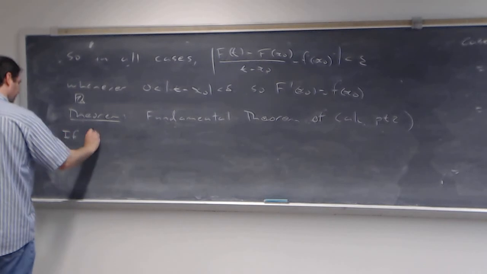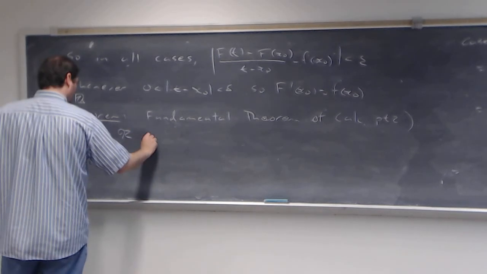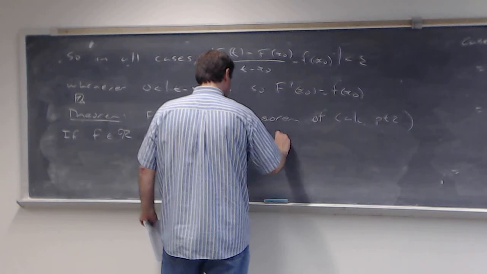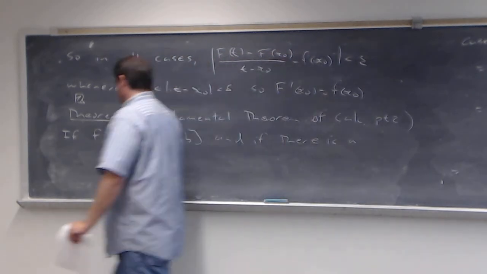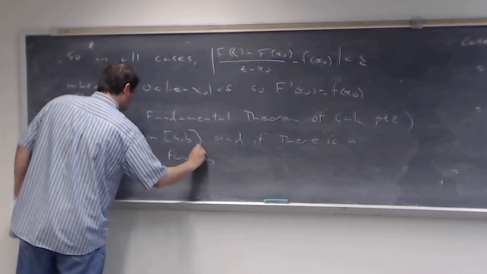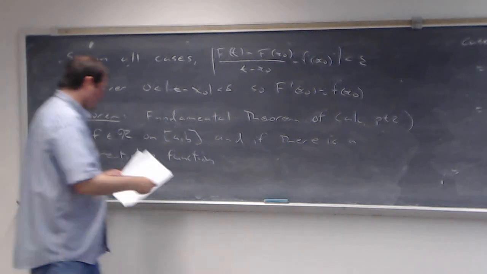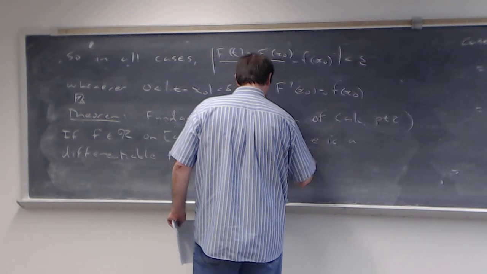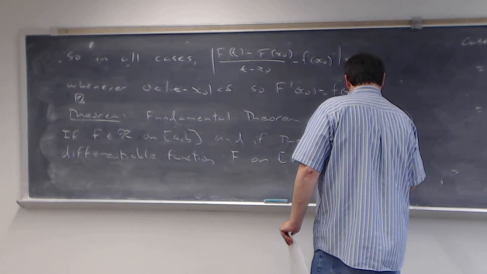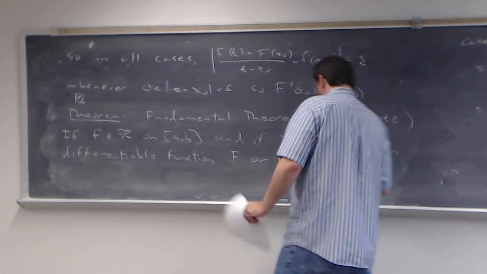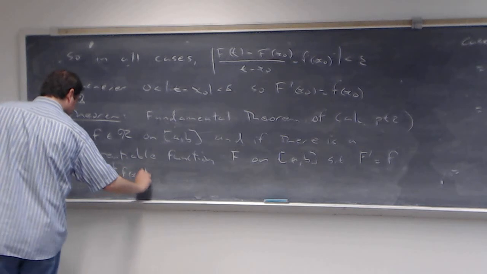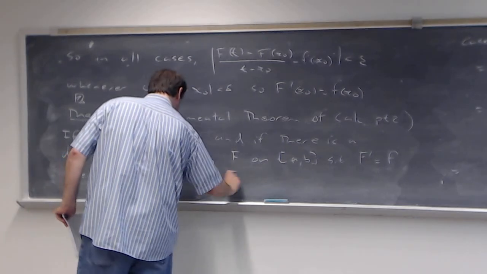It says if little f is Riemann integrable on a to b, and if there is a differentiable function big F on a to b such that big F prime equals little f, then the integral from a to b of little f of x dx is equal to big F evaluated at b minus big F evaluated at a.